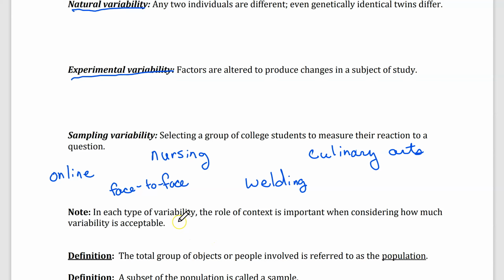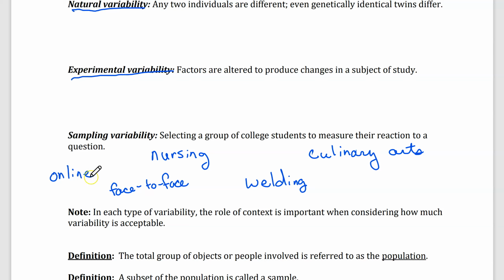In other words, if I'm studying a question that is specific to nursing students, okay, I want to look at just the nursing students. And so that variability will be acceptable. But if I'm looking at the college as a whole, and I'm asking, would you prefer to offer face-to-face classes or more night classes, I don't want to look at strictly my online students.